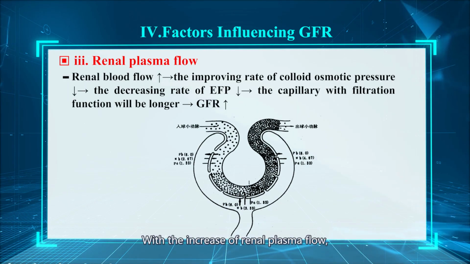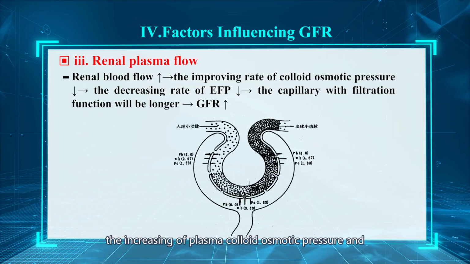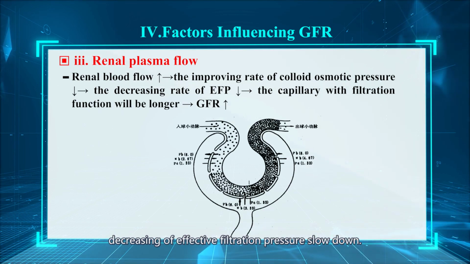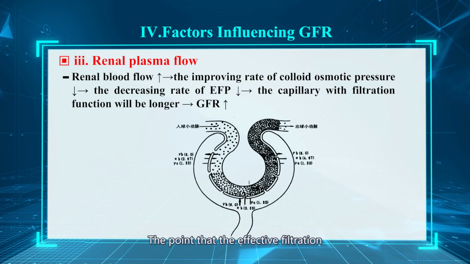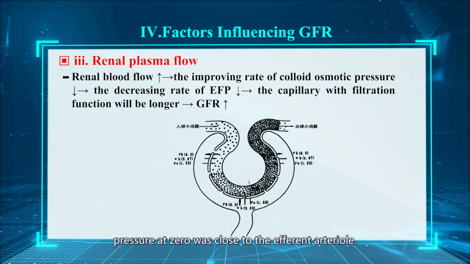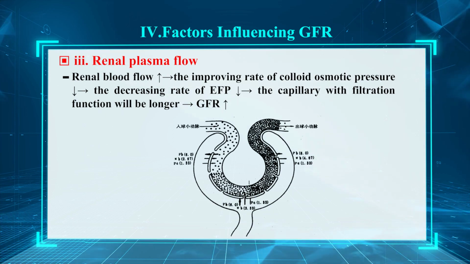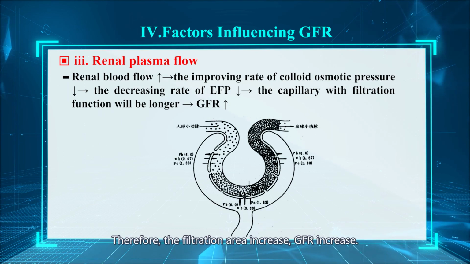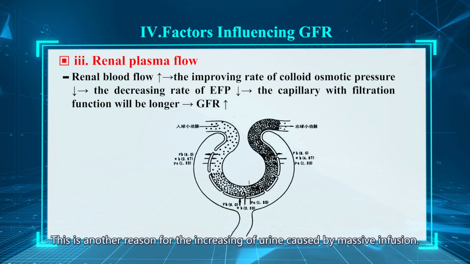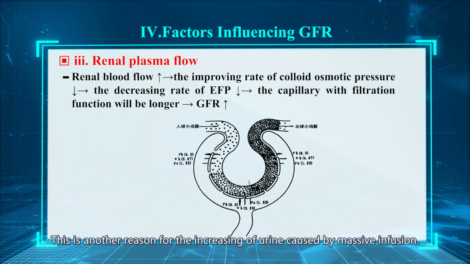With the increase of renal plasma flow, the increasing of plasma colloid osmotic pressure and the decreasing of effective filtration pressure slow down. The point that the effective filtration pressure is zero moves close to the afferent arteriole. Therefore, the filtration area increases. GFR increases. This is another reason for the increasing of urine caused by massive infusion.